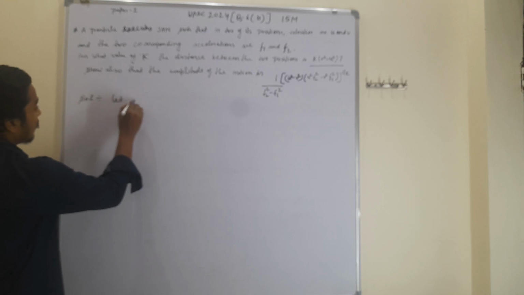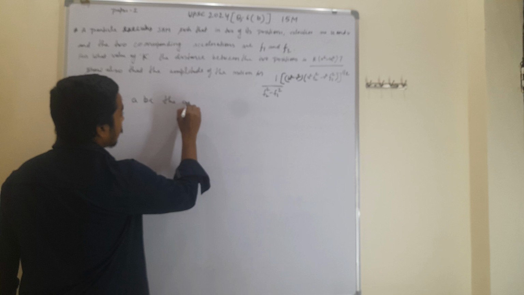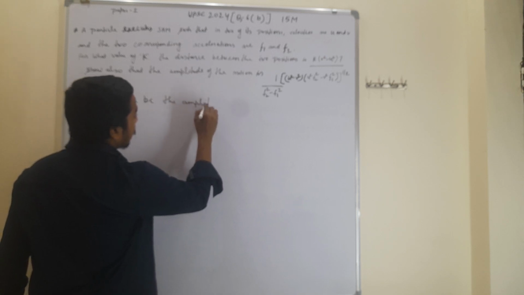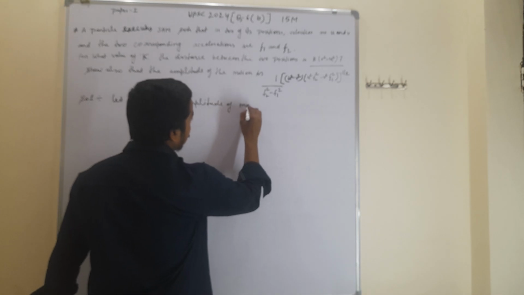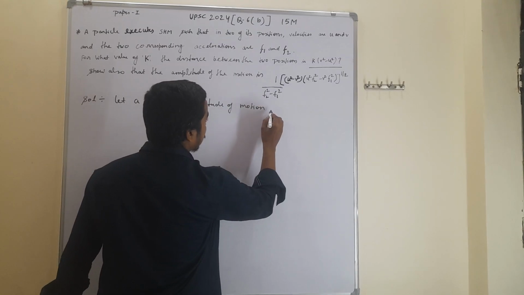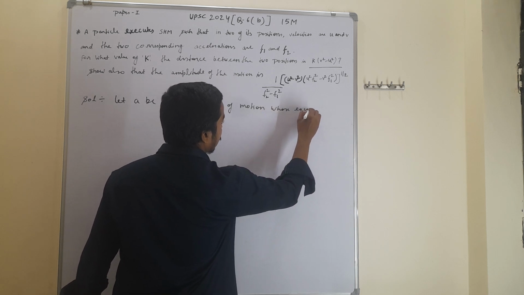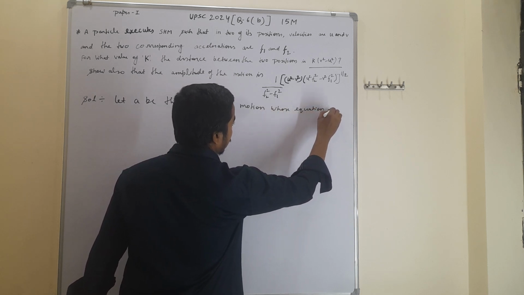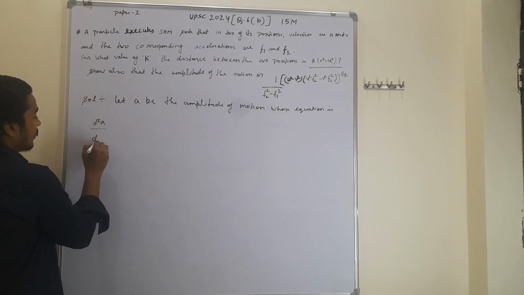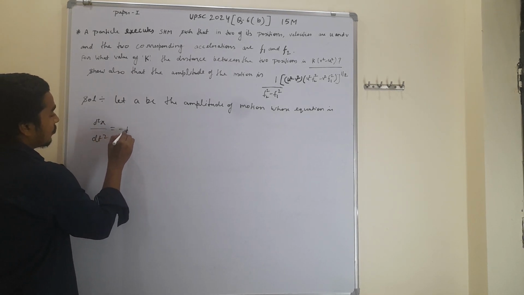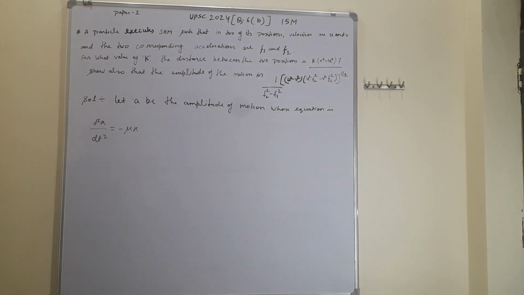Let A be the amplitude of the motion whose equation is d2x upon dt square is equal to minus mu x, according to the definition of simple harmonic motion.